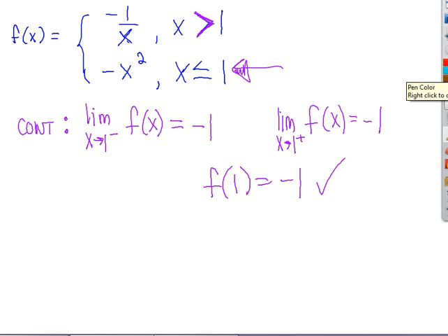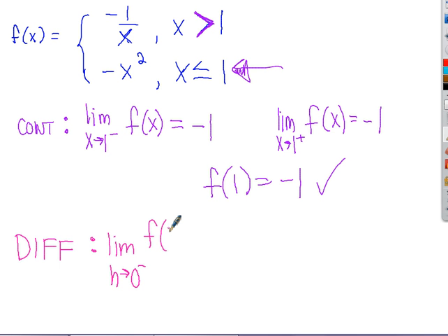Now the big pain in the butt part. Differentiable. This is the one you should be able to do. I have a tendency to always use the limit as h goes to 0 from the left first. So things that are helpful: if I want to know if it's differentiable at 1, then use the 1. If I want to know if it's differentiable at 5, then use the number 5.